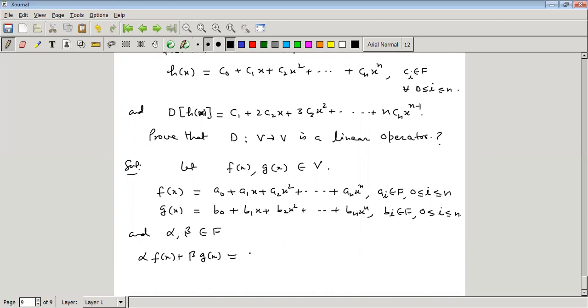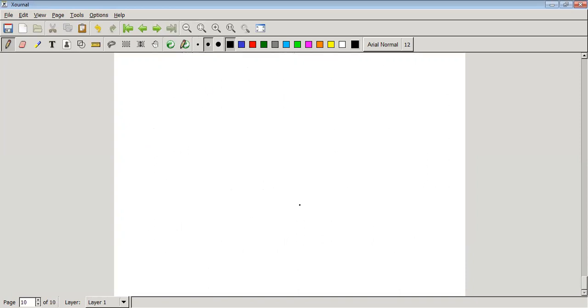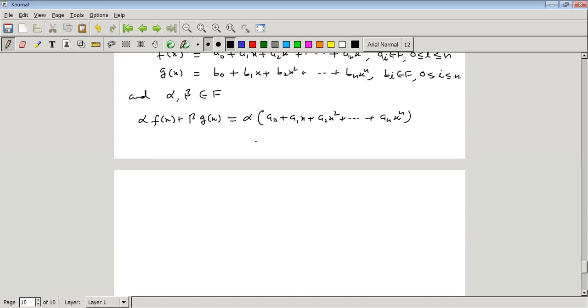This is alpha times a0 plus a1x plus a2x square plus ... plus anx^n, plus beta times b0 plus b1x plus b2x square plus ... plus bnx^n.